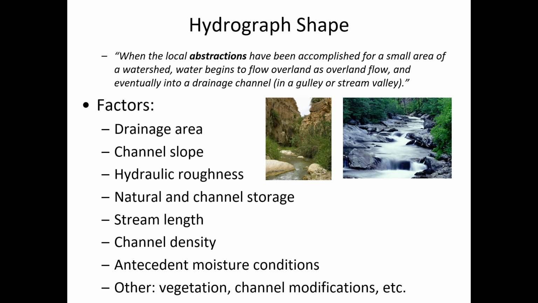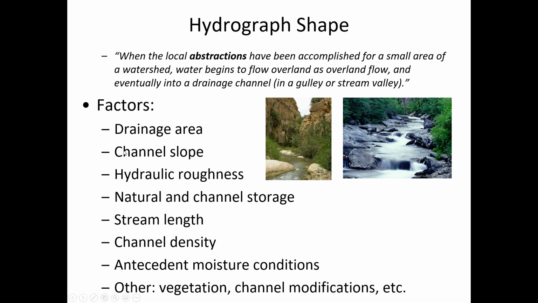Once all of those have been satisfied, the excess water that hasn't infiltrated will begin to flow over the land and eventually gets into the drainage channel. So how high the hydrograph gets, and how broad or narrow the peak is, depends on all of these factors, and we'll talk about some of these individually.